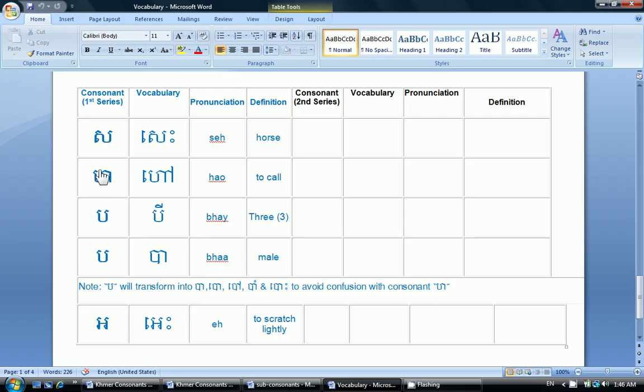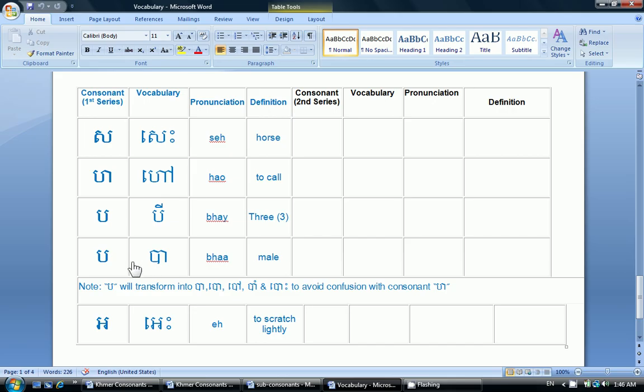If you just add sra'a to this ha, it would look exactly the same. So that's why on those 5 vowels, the consonant bo has to change its shape. So bo sra'a, ba, which means male.